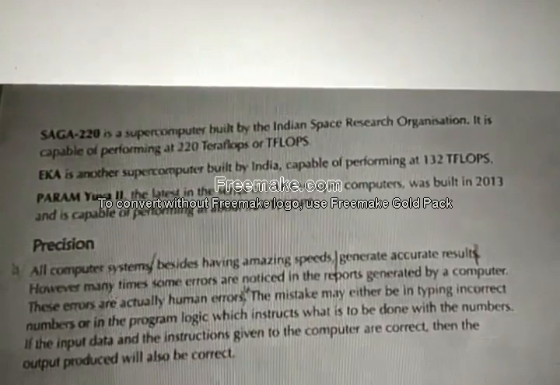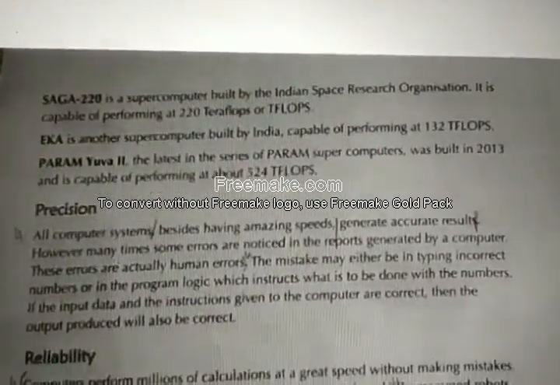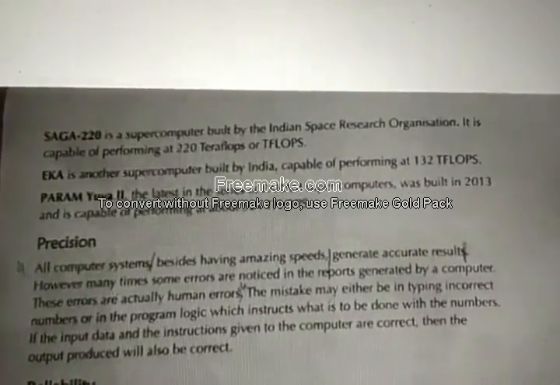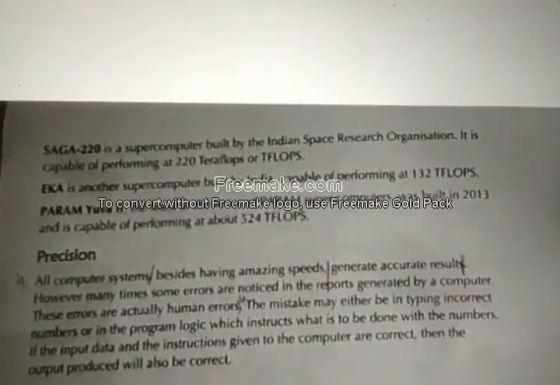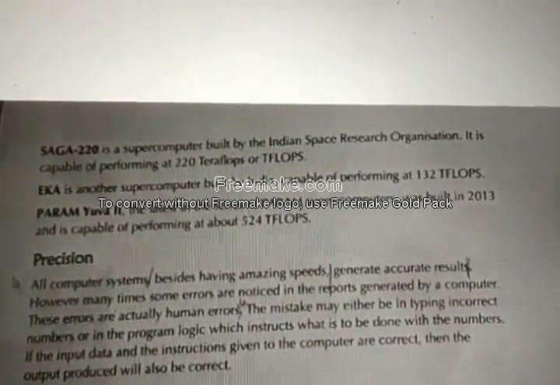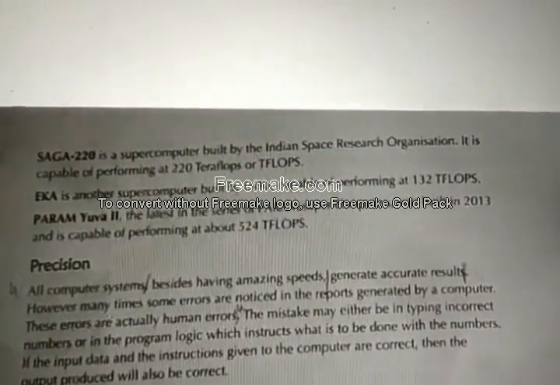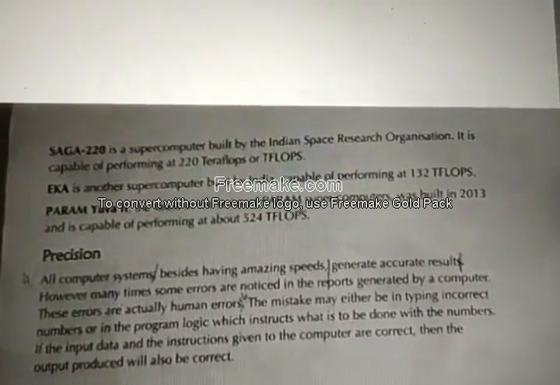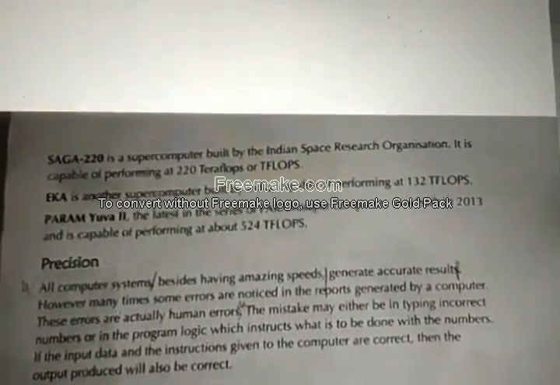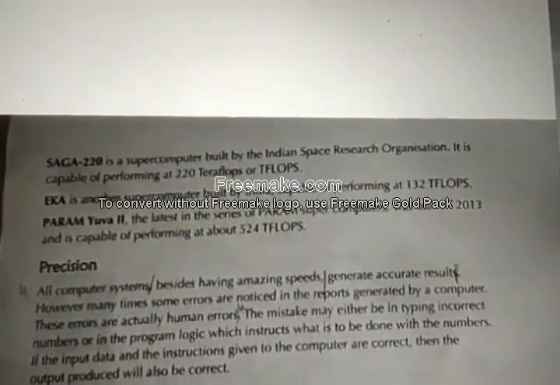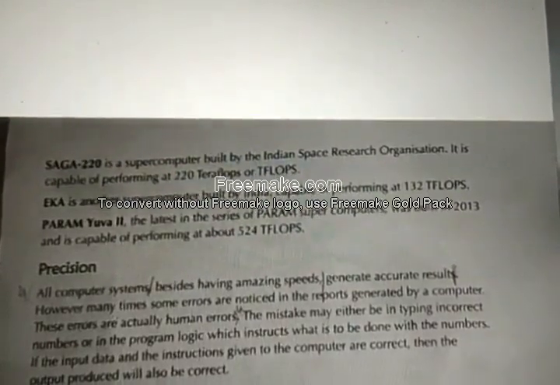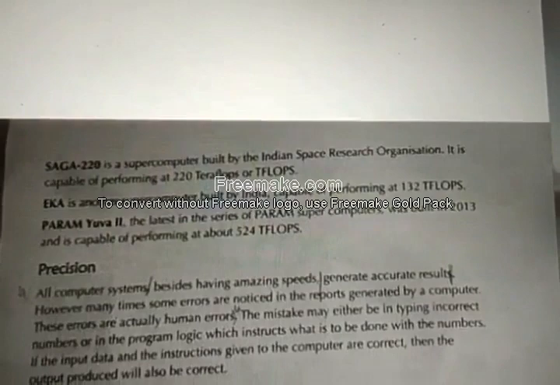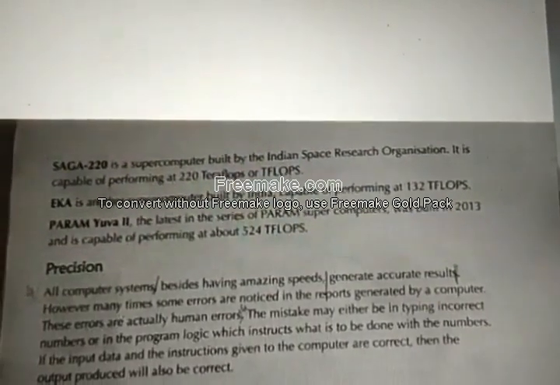So there is one more computer which is very, very fast, faster than these two. What is that? Param Yuva 2. Just remember all those names. Okay. Param Yuva 2 is the latest in the series of Param computers. Param is a company that builds supercomputers named Param.